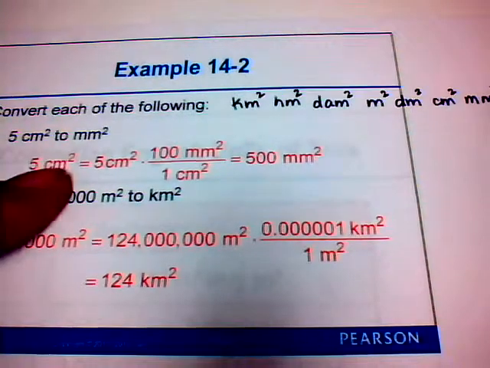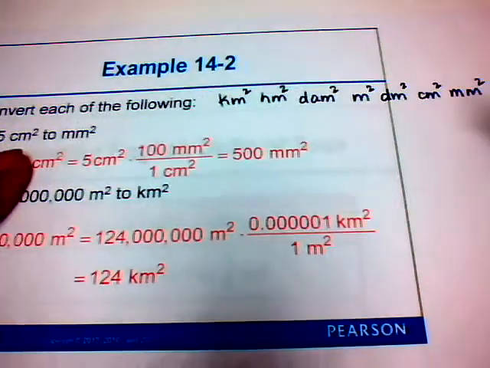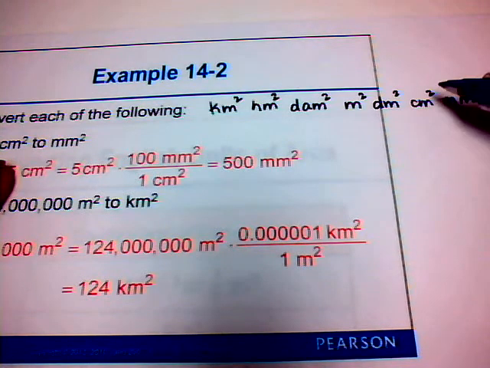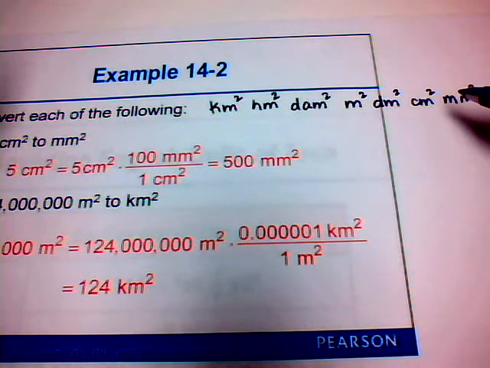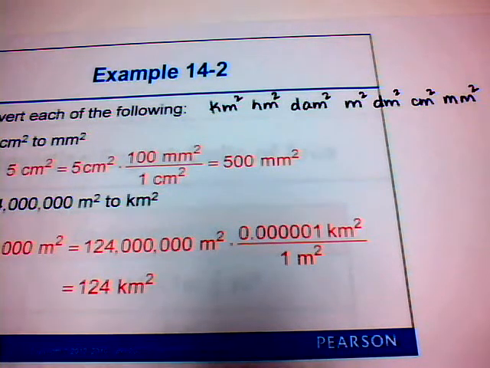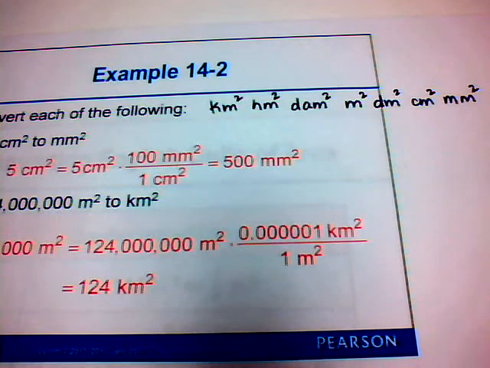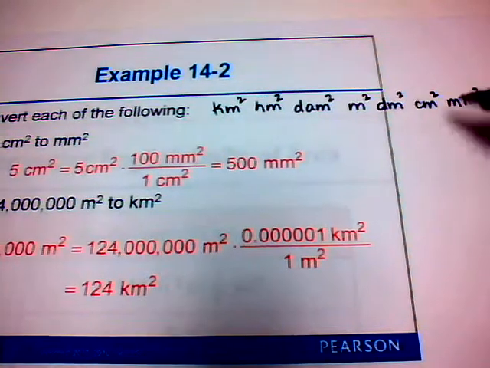Now, if you were converting from centimeters to millimeters, here's centimeters and here's millimeters, you would normally move the decimal point one place to the right. But since we're dealing with square units, we have to do 2 times the number of decimal places that we normally move, either to the right or to the left. Okay, so it's 2 times the number of moves to the left or to the right.